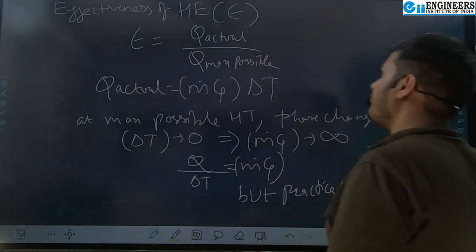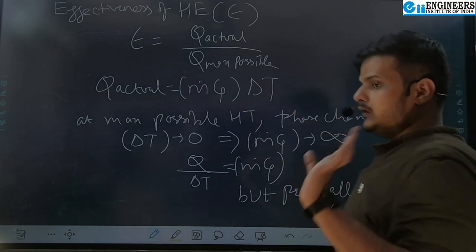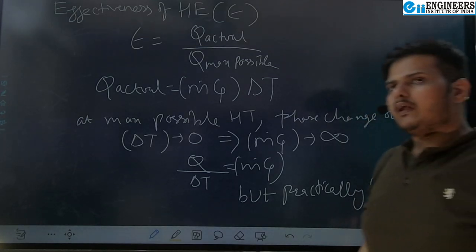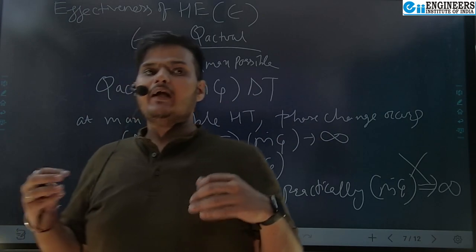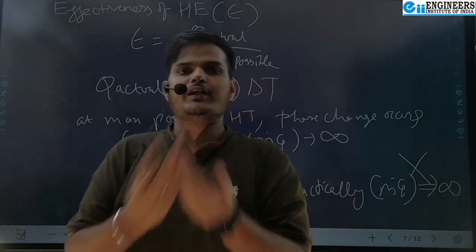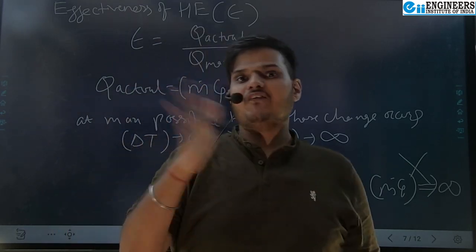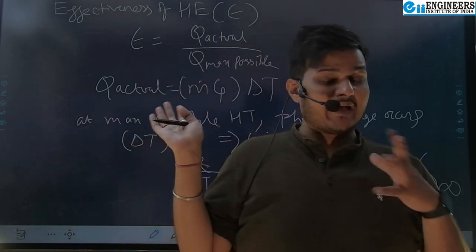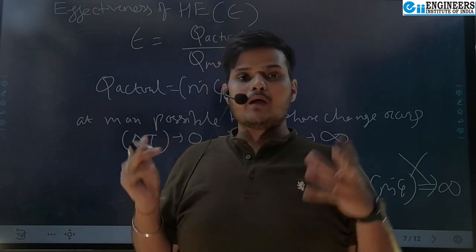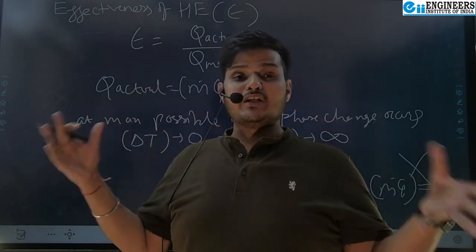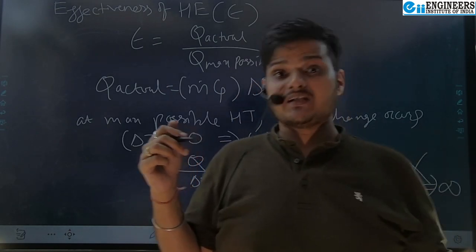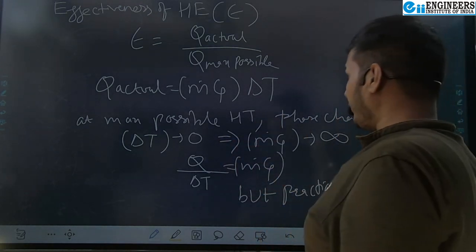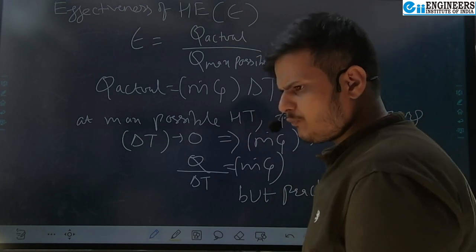Then we have to determine what is the maximum possible heat. So let us analyze this maximum possible heat. If I give a maximum amount of my energy to a system, then that system will definitely undergo a phase change process, because if we deliver the maximum energy to a system, its molecular defragmentation takes place and it starts changing its phase and microstructure.